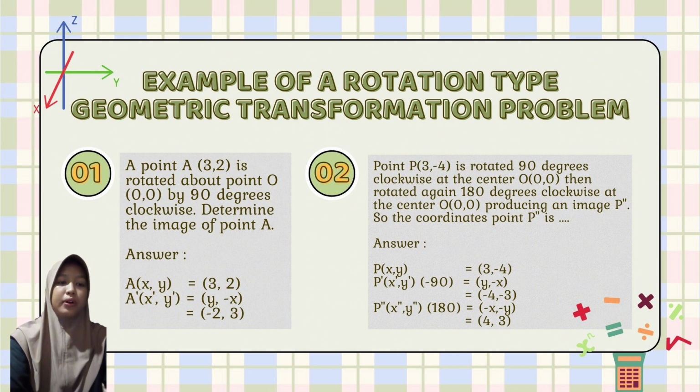P x, y for minus 90 equals y, minus x. So we get minus 4, minus 3. P x, y for 180 is equal minus x, minus y. So we get 4.3.